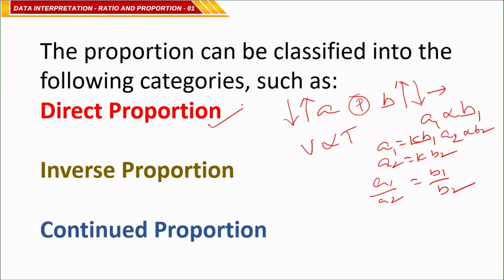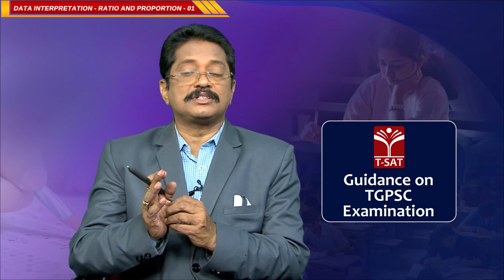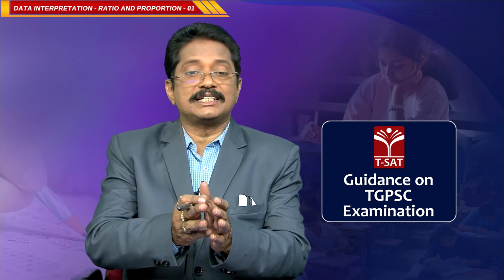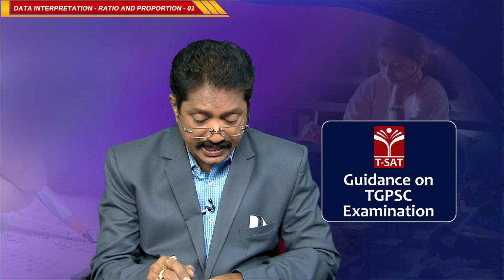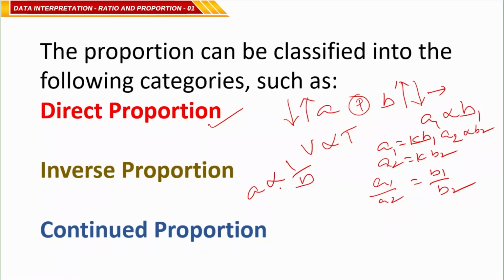Now coming to the inverse proportion. When you come to inverse proportion, if one quantity increases, the other quantity decreases, then it is called inverse proportion. Or one quantity decreases, the other quantity increases. So simply you can say A is proportional to 1 by B. When you take the resistance of a body with respect to electricity, R is proportional to L. The resistance of the conductor is directly proportional to the length of the conductor.